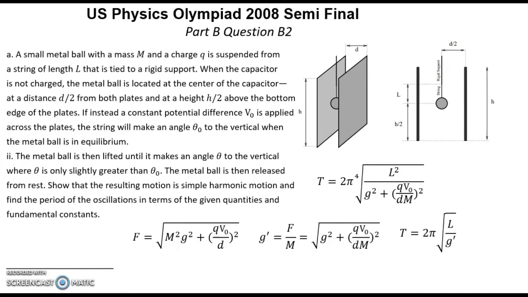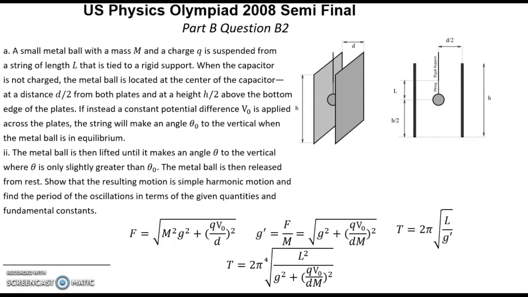So the period will be this expression, 2π and root of the fourth power of L squared over g squared plus QV0 over dm squared. So that's done. So we can write this answer in the form of this one, or better this one. So that's the answer for question 2.